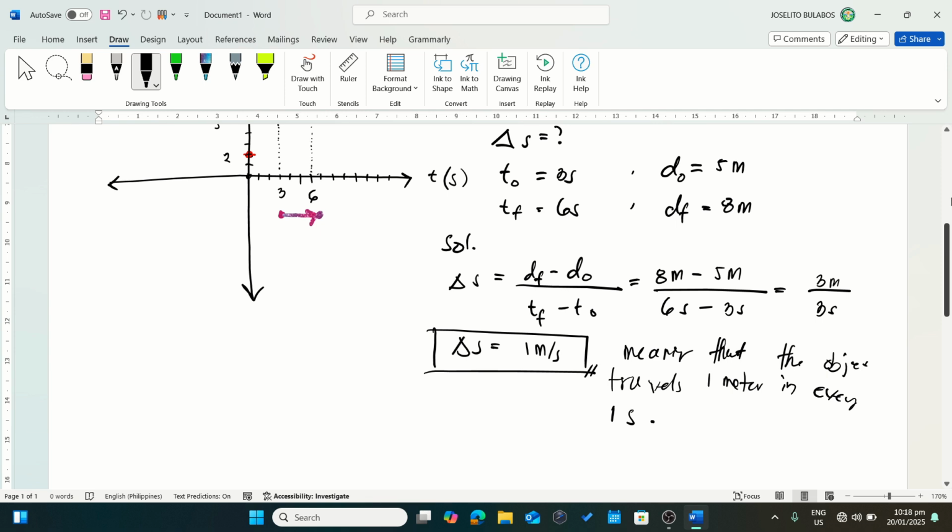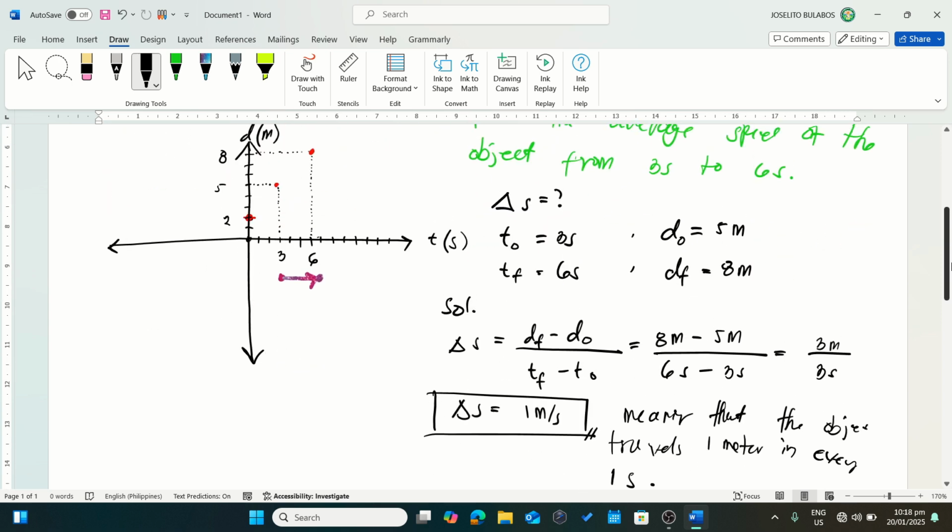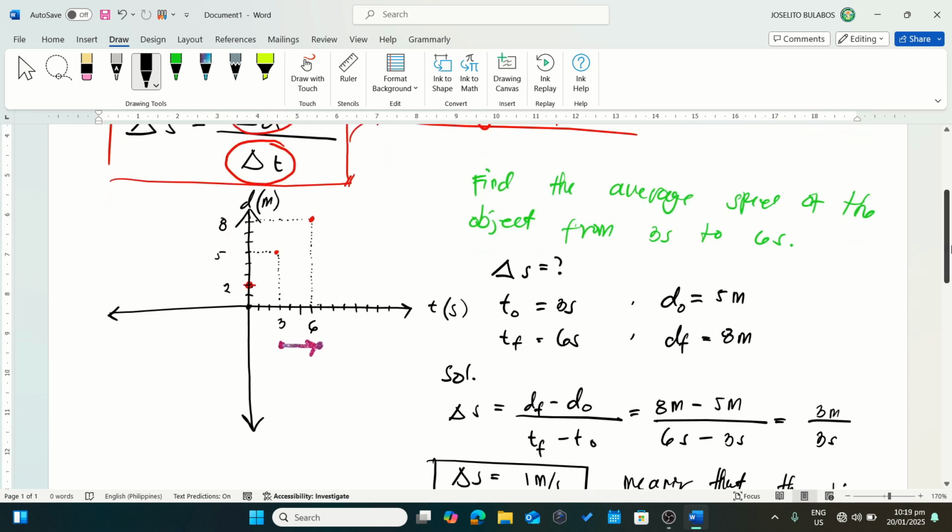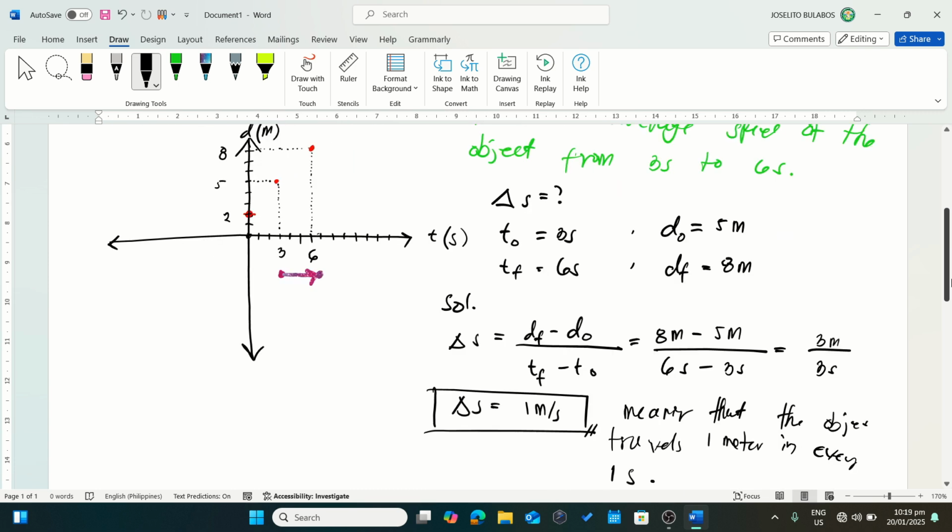Okay, so this is how we solve for the speed or the average speed of the object.